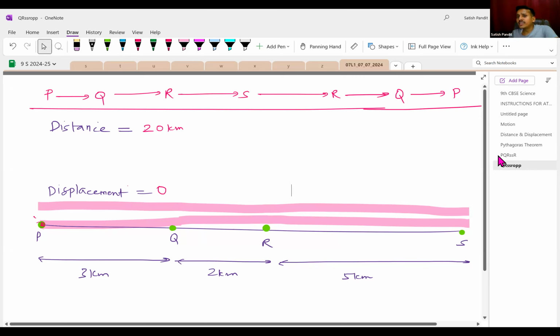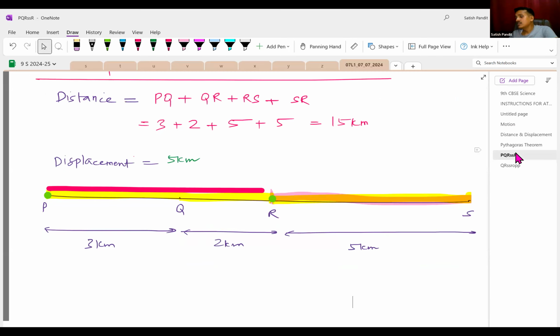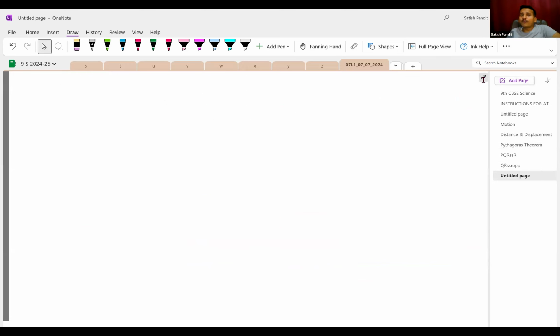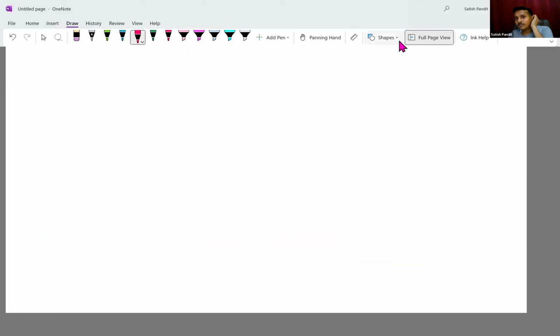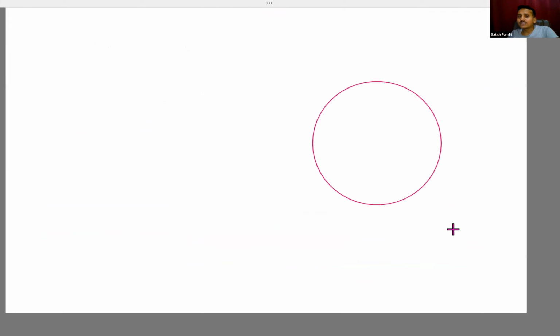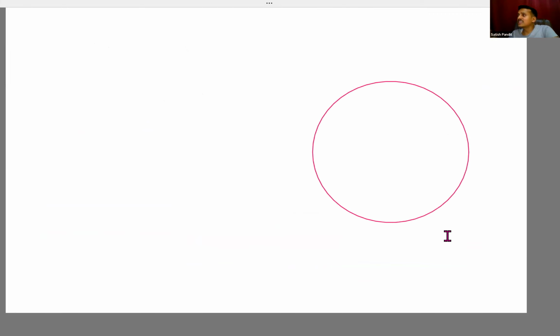So here in the examples, we have discussed straight line motion, when the object is going in a straight line. What if any object is moving in a circular path? Let's calculate distance and displacement in those cases as well. Suppose I have a circular path like this. This is like a circular ground you can think of.